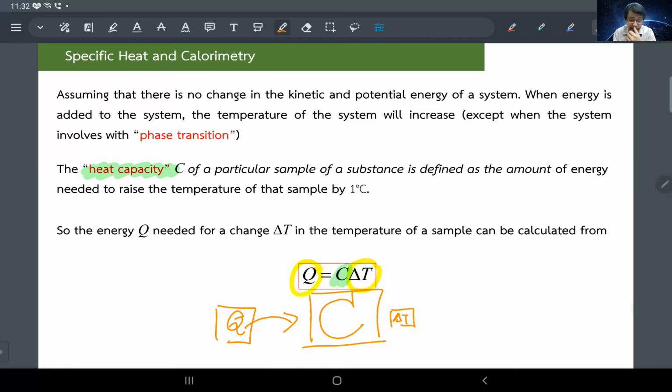But if you give the same amount of heat to another material that has a small heat capacity, of course the delta T will be big. The reason is that this equation gives you a product between the heat capacity and the change of the temperature. If something is very good at storing energy, the change in temperature will be small, given the same amount of heat. Does that make sense to you?